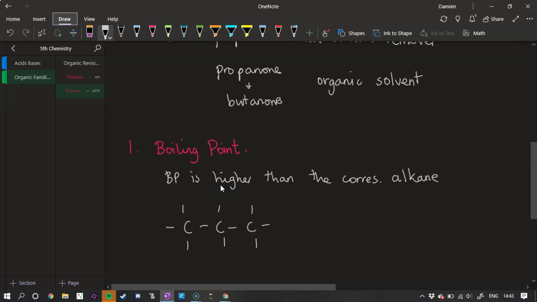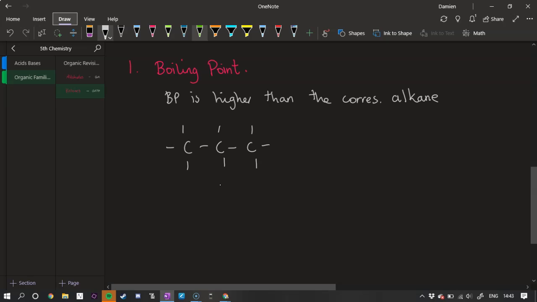So propane, the corresponding alkane, has got a boiling point of minus 42 degrees Celsius, whereas your propanone has got a boiling point of around 56 degrees Celsius.